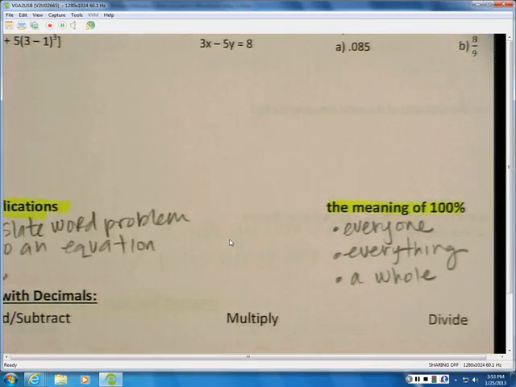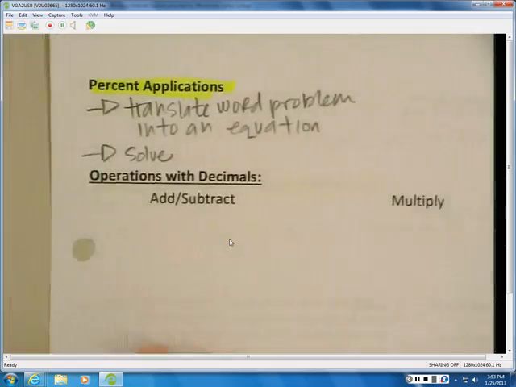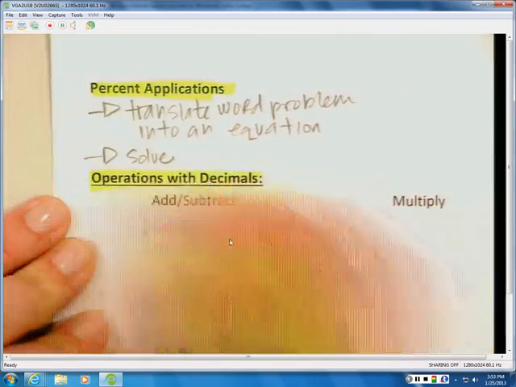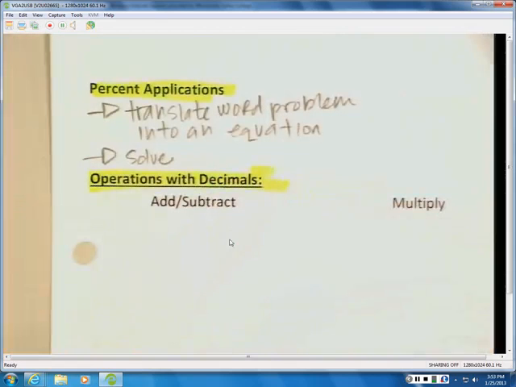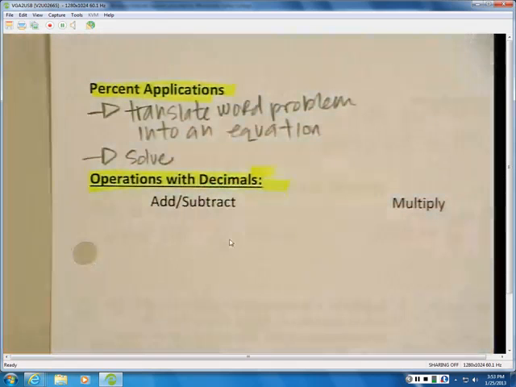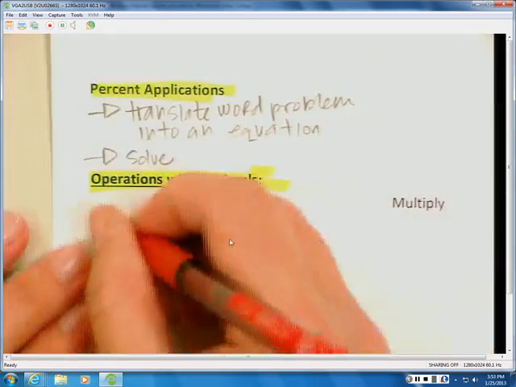All right. We're going to need to review operations with decimals. I think I'm going to include this video, so you should be familiar with this phrase.